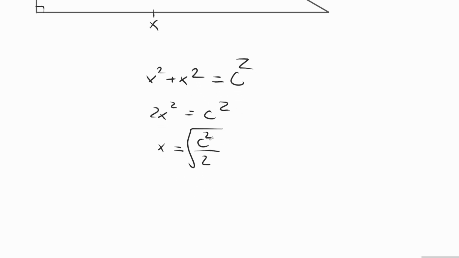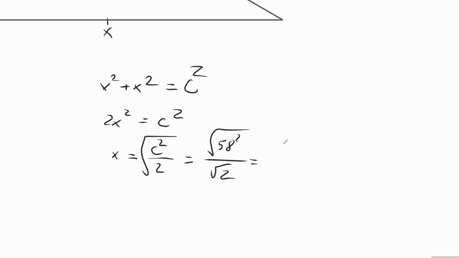So that means if we substitute c with 58, we'll get square root of 58 squared over square root of 2, or it is just 58 over root 2.